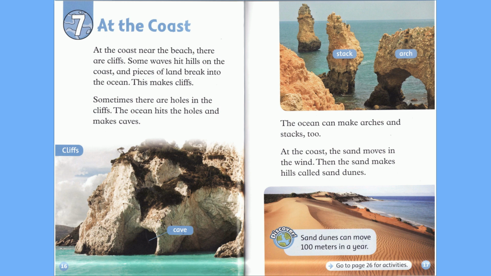Chapter 7. At the Coast. At the coast, near the beach, there are cliffs. Some waves hit hills on the coast, and pieces of land break into the ocean. This makes cliffs.